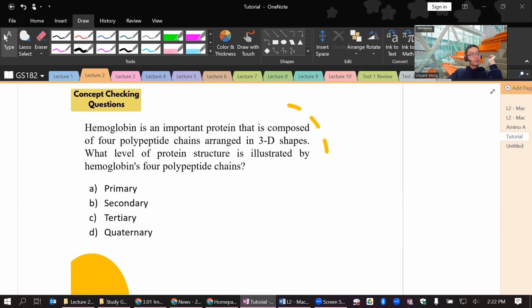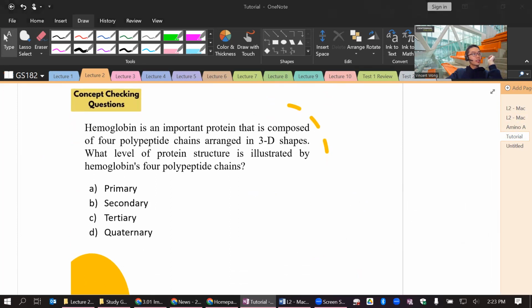We have a couple more. This one should be pretty straightforward. I'm a little bit surprised by the response here, but that's okay.